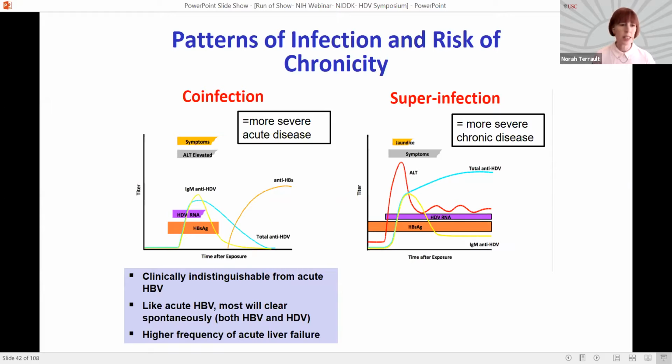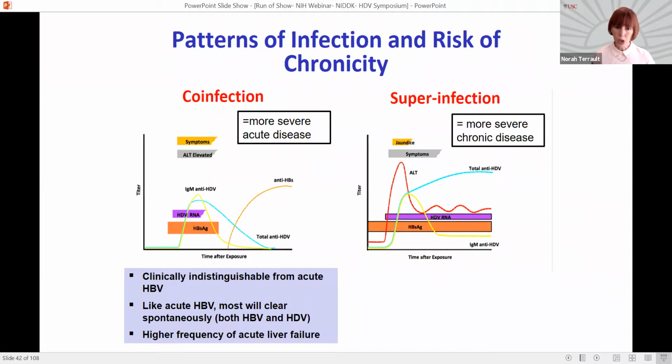And like acute hepatitis B, these individuals have a high likelihood of actually attaining spontaneous clearance, assuming that they're healthy adults. And so high rates of clearance. But what is unique about having Delta as an acute infection, co-infection, is that there is a higher recognized rate of acute liver failure. So it can be more severe acute disease.